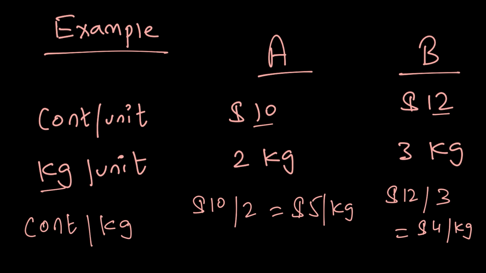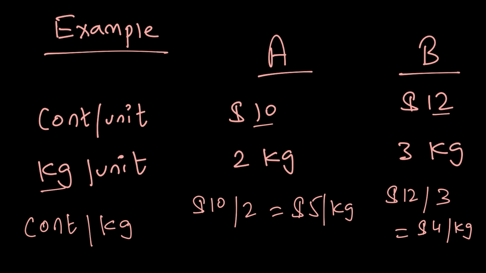Now we should compare product A and B. A will give you $5 on every kg that it consumes, whereas B will give you $4 on every kg that it consumes.